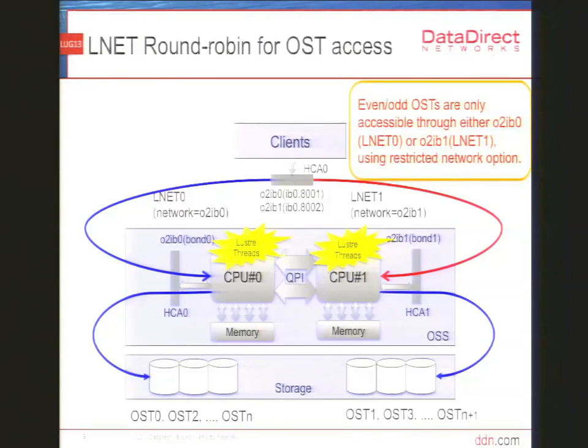So when the client accesses all of the OSTs, the client sends RPCs on both networks, then the server receives all of the packets on both HCAs, then sends to the OST. So both HCAs are running as active.